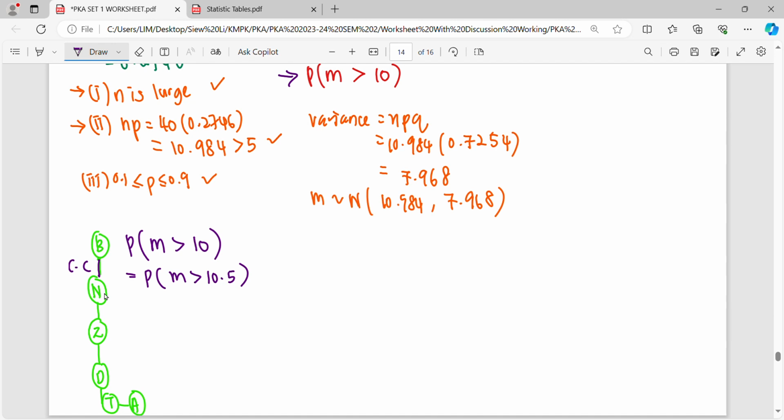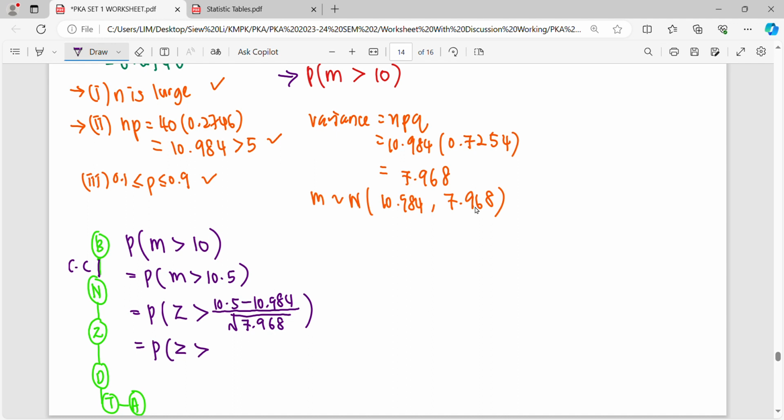Now it has become normal, a continuous random variable. To change to Z, it will be minus mean over standard deviation. In the distribution here we have the variance, so to get the standard deviation, take the square root of 7.968. The z-score we round off to 2 decimals, then we can read the table.